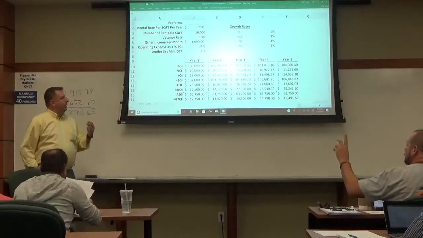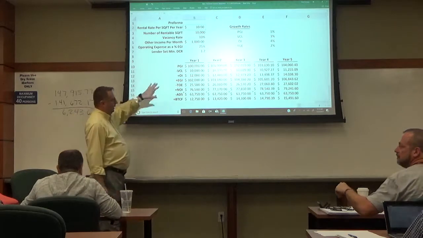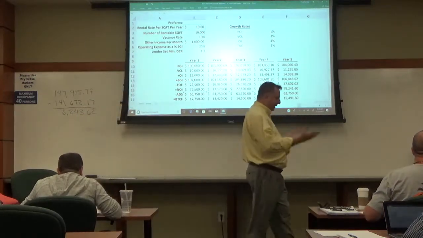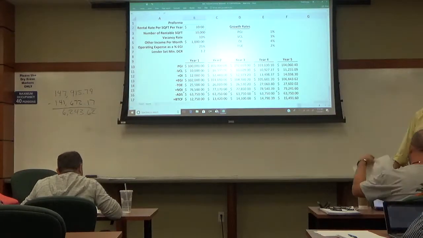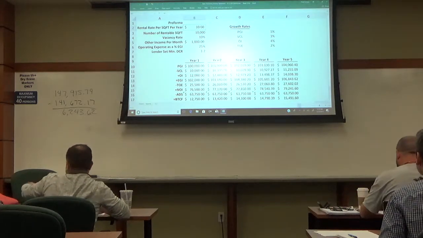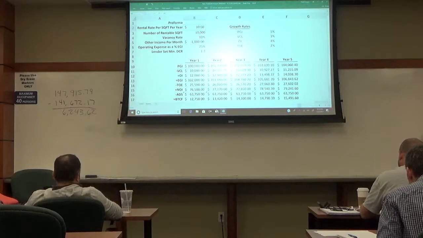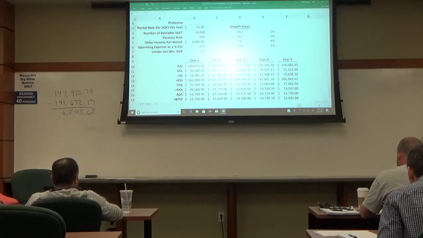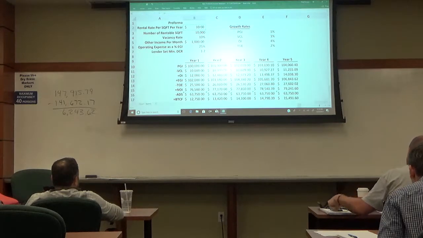Okay. So this is a super basic, just 5-year pro forma, and it's on the back side of the other handout. So this one, we're just using a few key pieces of information to populate this 5-year projection.